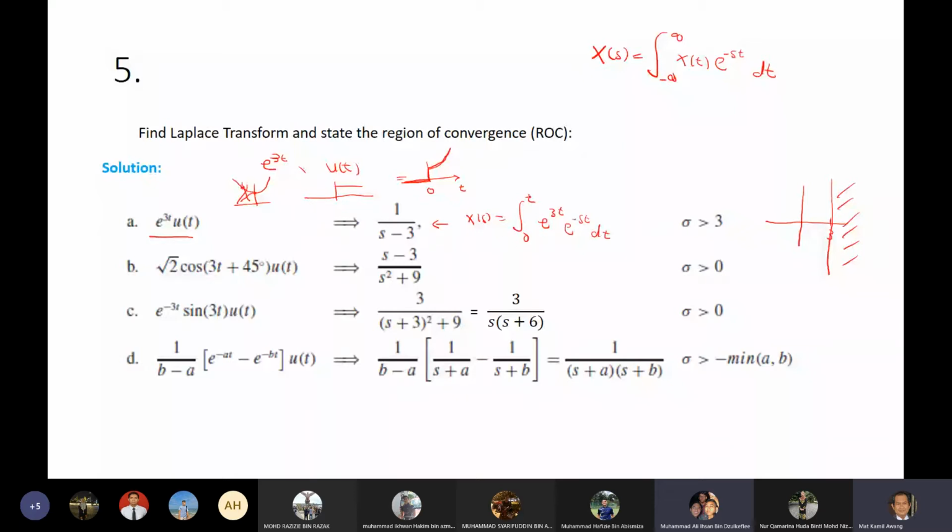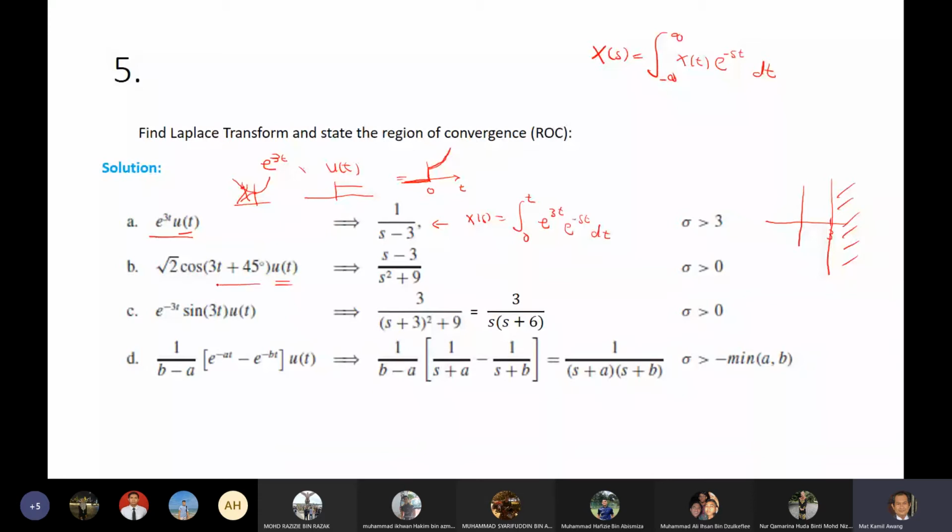That's why it starts from 0. So this u of t function is basically to make sure that the signal at t less than 0 is equal to 0. Okay?